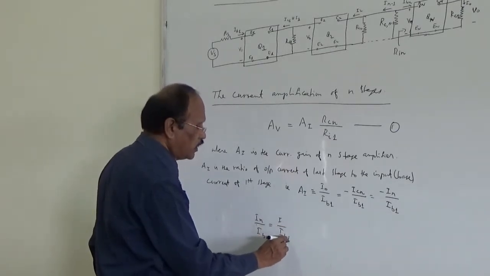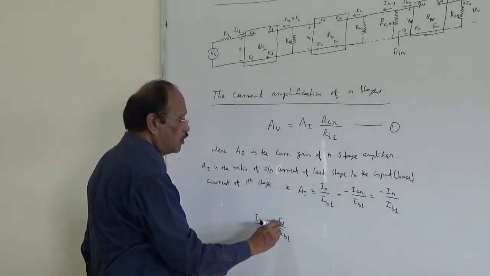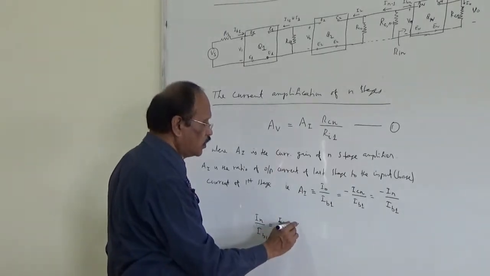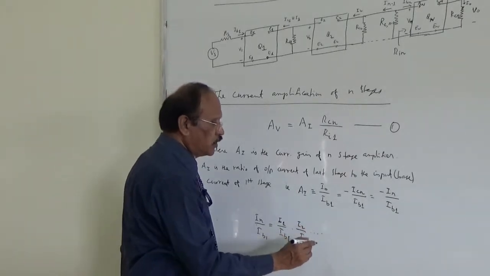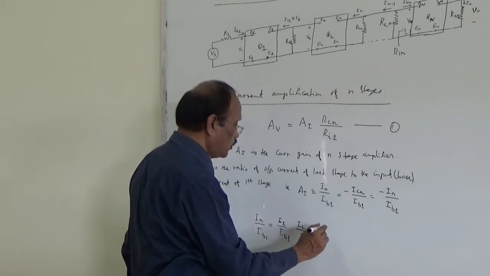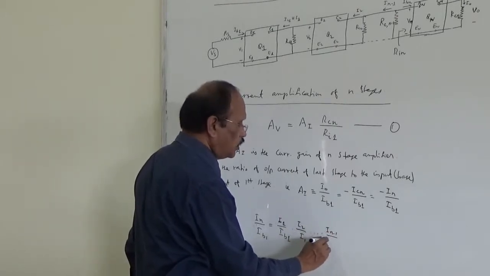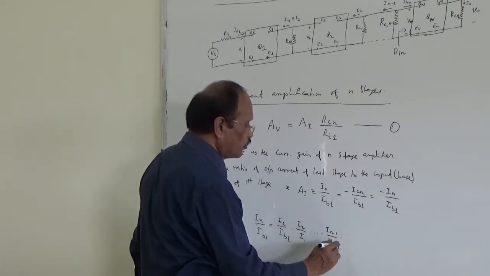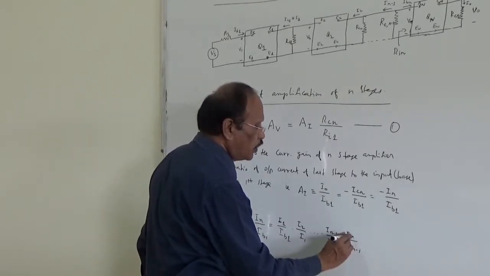The collector current of the first stage is I1, so you can write it as I1 by IB1 into I2 by I1 into etc., up to IN minus 1 into IN by IN minus 1.